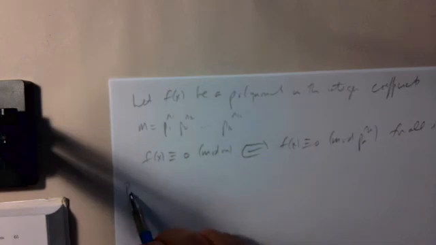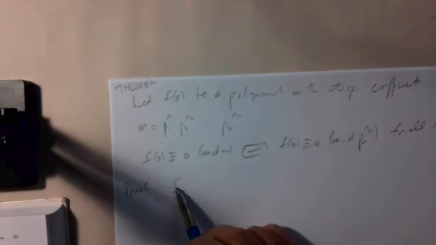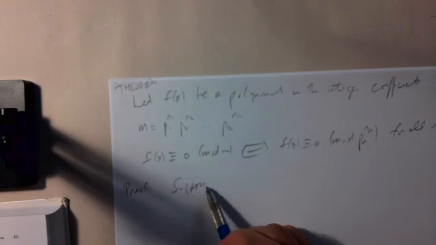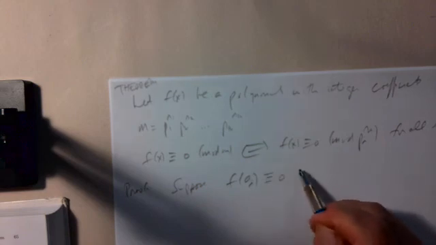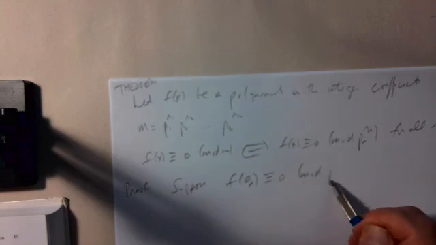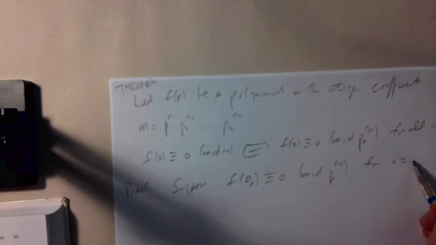So the proof, this is a theorem. Suppose for each of these prime powers, f of ai is congruent to 0 mod pi to the ri for i going from 1 up to k.